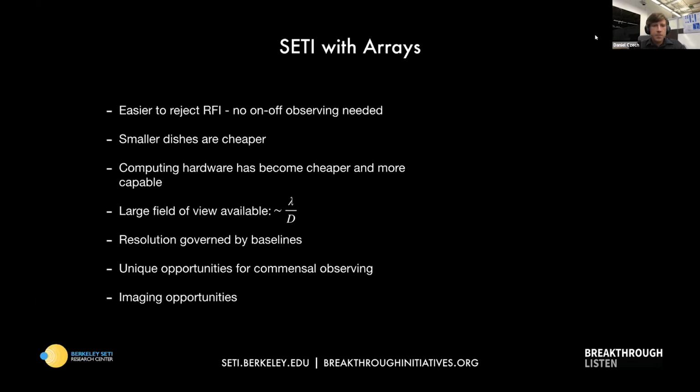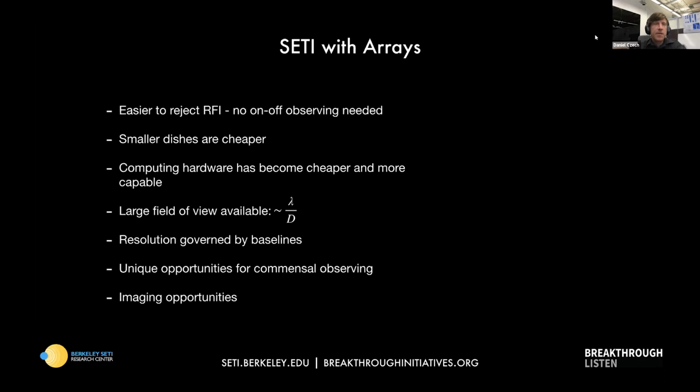Another advantage is that smaller dishes are cheaper, so typically one ends up with a larger array with many more dishes, and perhaps even more collecting area than one would have with a single dish antenna. And this is possible because computing hardware has become cheaper and more capable, so the complicated steps of signal processing are more possible.